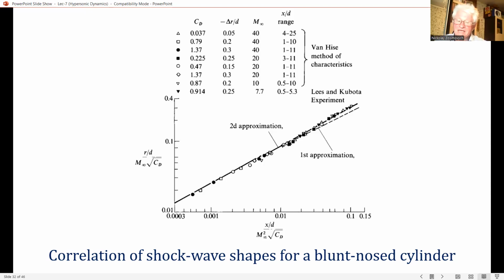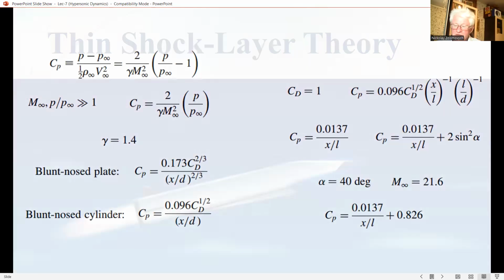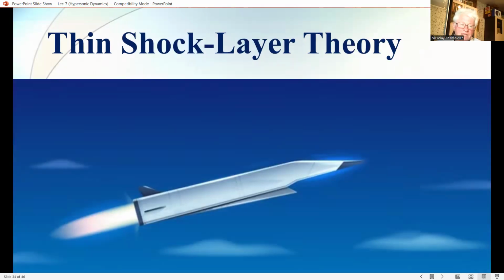Keep in mind that all of these results are limited to slender bodies at hypersonic speed. In the next section, we will discuss a class of approximate inviscid flow theory that can be applied to blunt as well as to slender bodies. So, next question, thin shock layer theory.